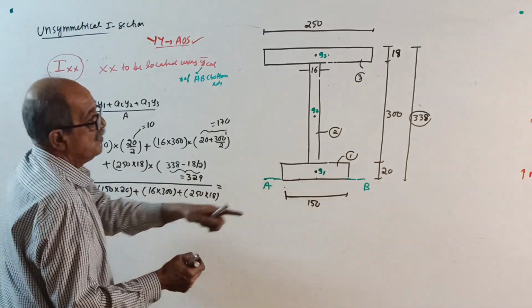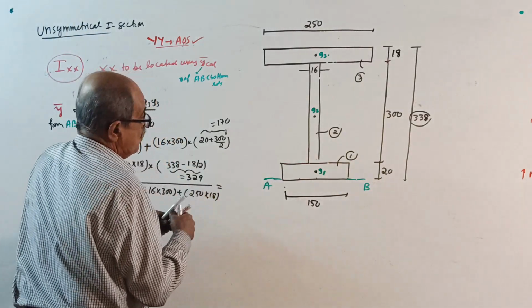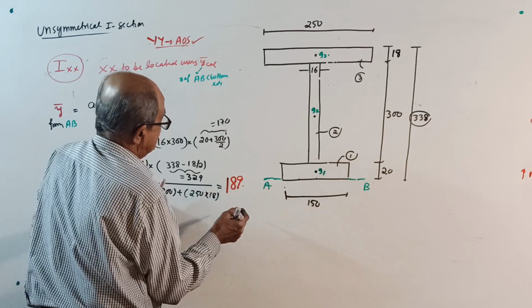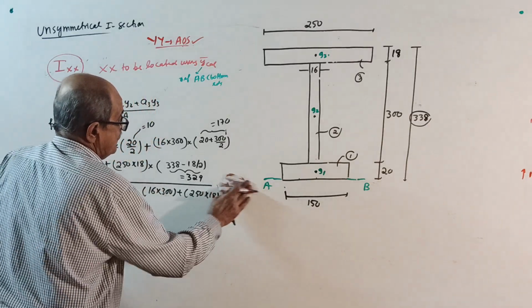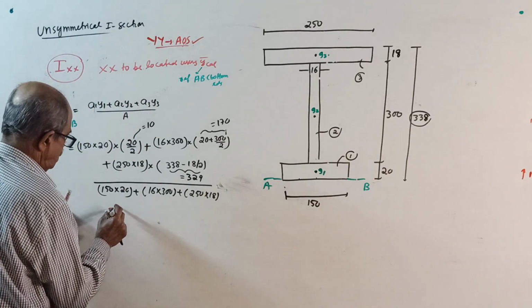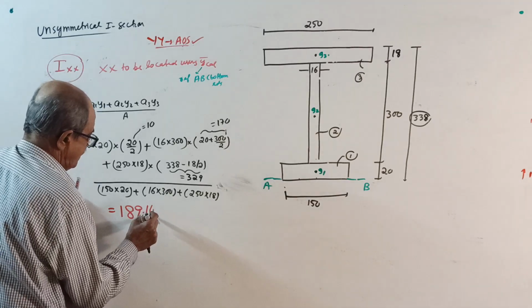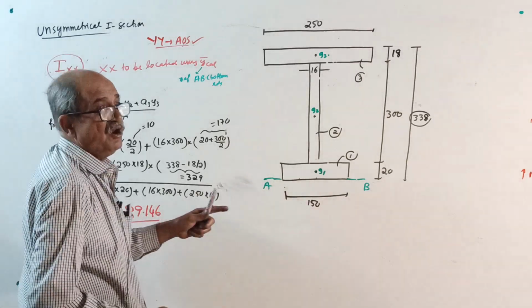Calculate the answer. I noted down the answer. It is coming 189. See, very important. I'll write here: equal to 189.146. Now remember, same Y bar you have to use everywhere now.